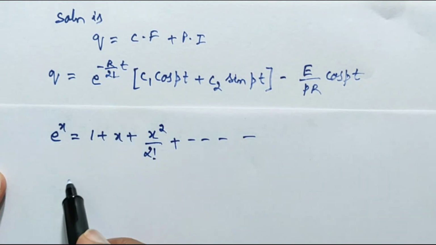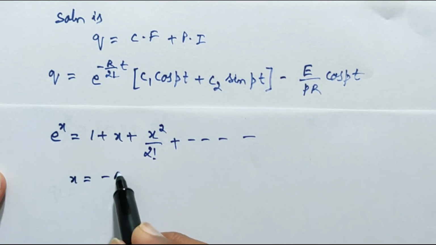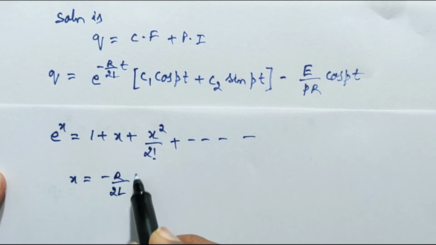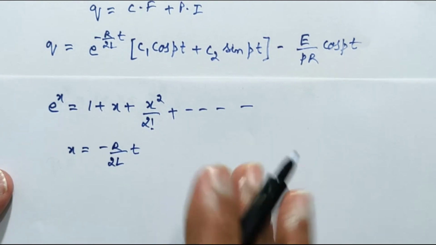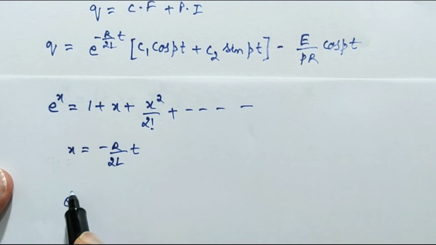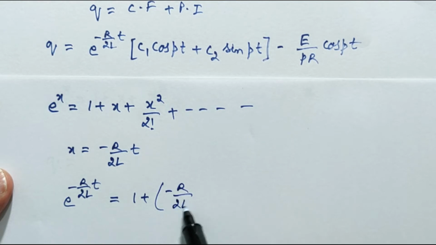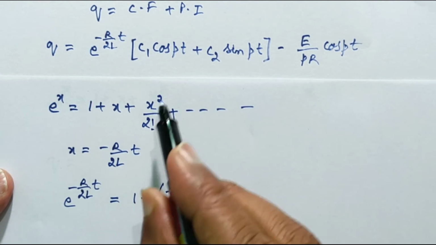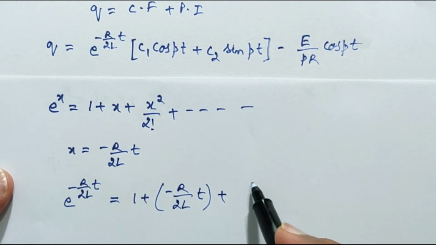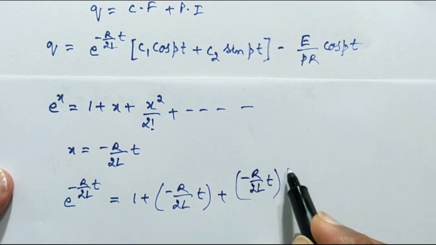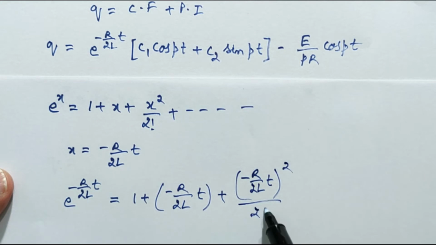Now here in this case, the value of x is minus R by 2L times t. So if you replace over here, e power of minus R by 2L times t will be equal to 1 plus x, whose value is minus R by 2L times t, plus x square, which will be minus R by 2L times t whole square divided by 2 factorial, and so on.